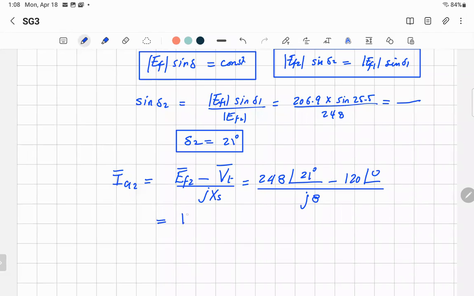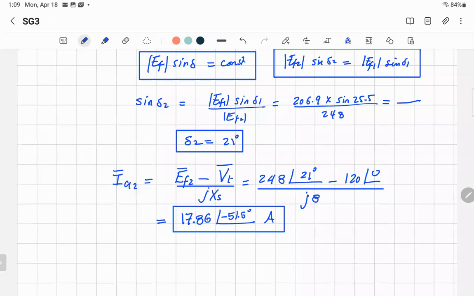We read that it's equal to 17.86 on angle negative 51.5 amps. So that's the new stator current. So that's how you got it. To get the stator current, you have to have two voltages, VT and EF. I have everything except EF. That's why I was working on EF.